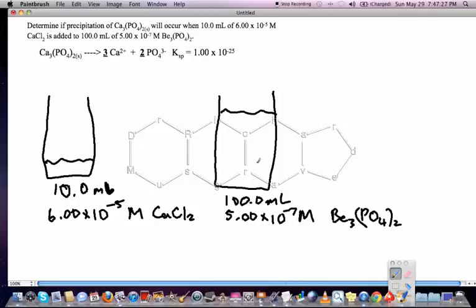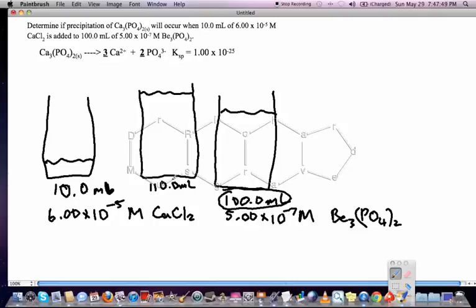Now what we're going to do is take these solutions and mix them together in one other container. That's going to give us a 110.0 milliliter solution, the sum of these.